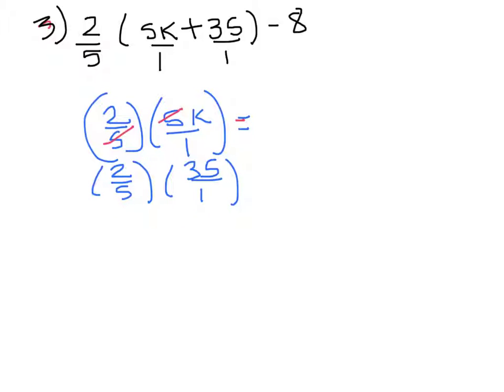I will have an answer of 2 times k, 2k. 1 times 1, 1. And in here, 2/5, into 5 and into 5, this becomes 7. So I multiply 2 times 7, 14. 5 times 1, 1 times 1, 1.